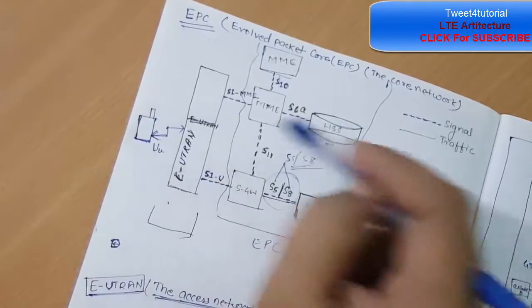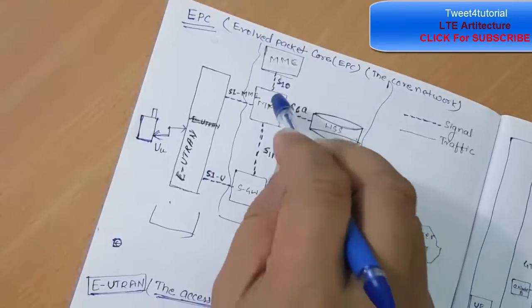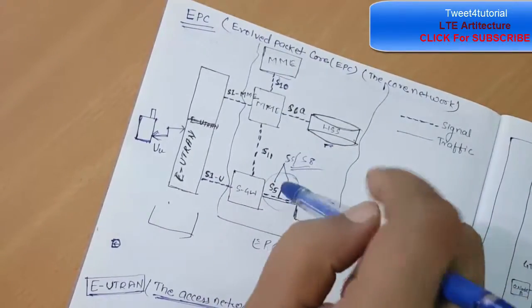This is the facility of the E-UTRAN. And when you look at the EPC, the important elements are the MME, serving gateway and PDN gateway.